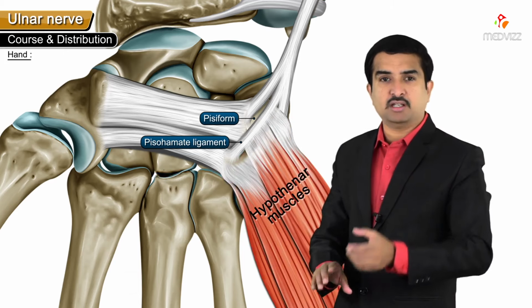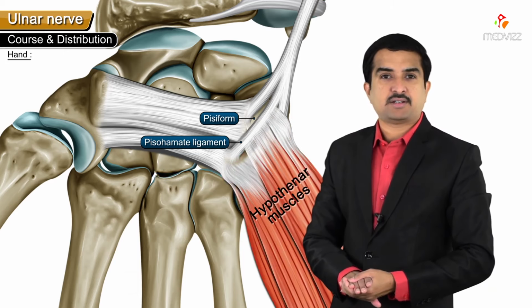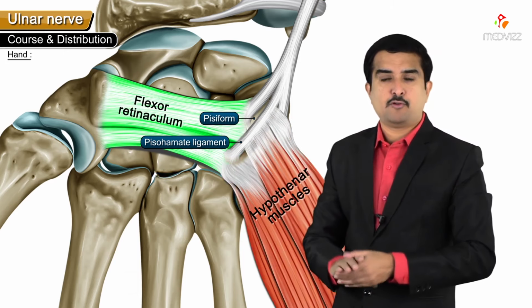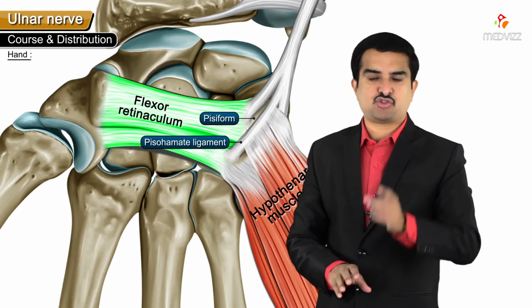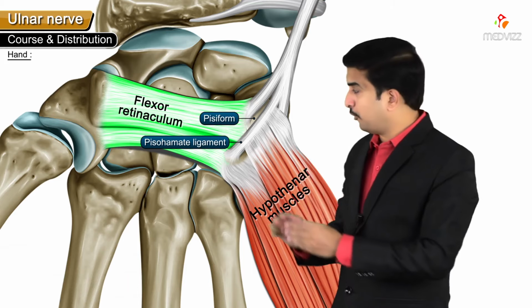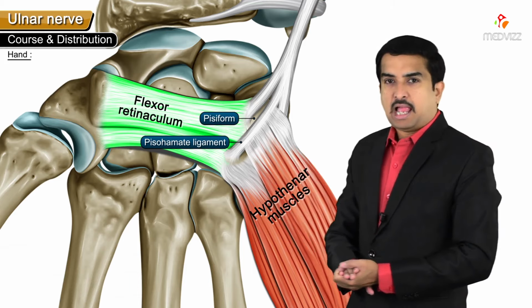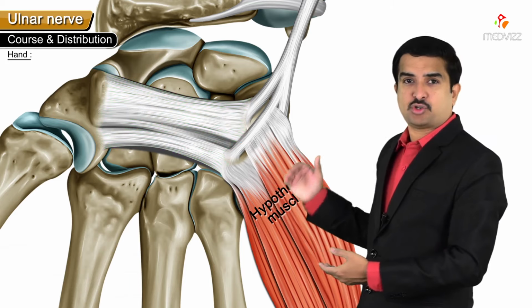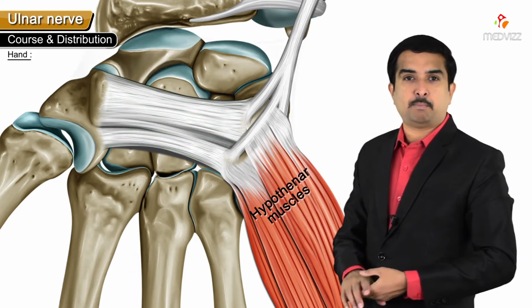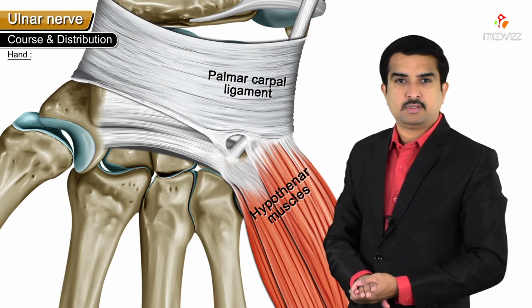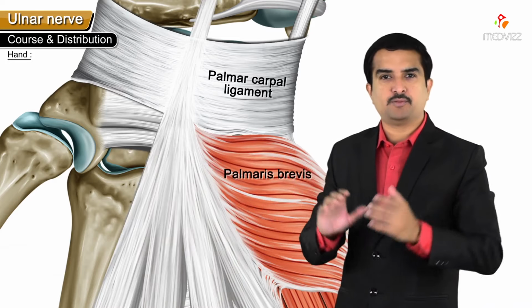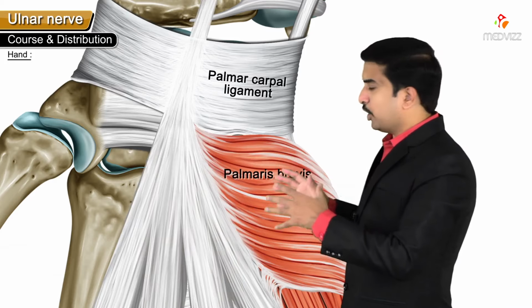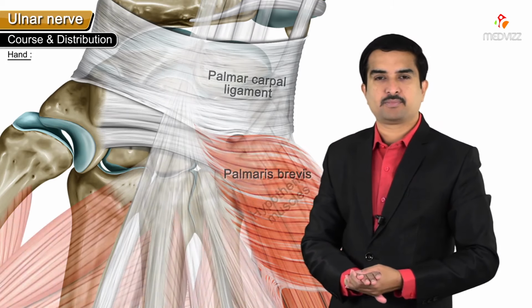And the hypothenar muscles and the flexor retinaculum form the floor. The flexor retinaculum is also called the transverse carpal ligament, which forms the floor. And the superficial structures, the palmar carpal ligament and the palmaris brevis muscle, form the roof. So this is how the Guyon's canal is formed.